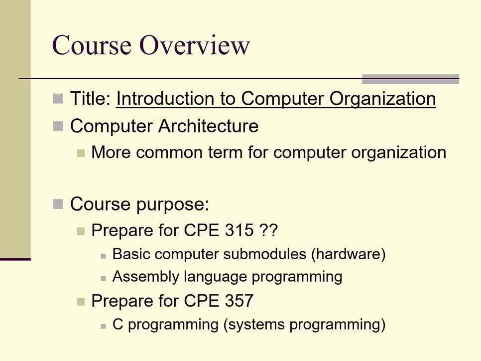The other thing for this course is I believe it's your first curricular experience in C programming. I know some people may have had it in CPE 1, 2, 3 if they in fact took that, but there's certain stuff I need to prepare you for 357.